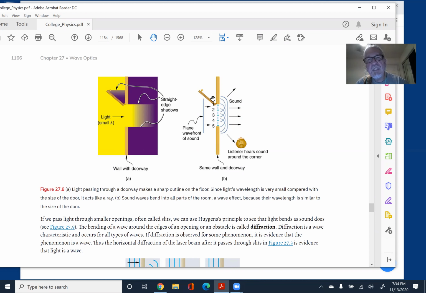If we apply Huygens' principle, say to a wavefront coming towards a finite slit, and this is a top view and there's an opening, if every point acts as a source, near the center of the slit we'll get the expected kind of vertical wavefronts, but at the edges we see that the light bends. And this is a phenomenon called diffraction, which we'll talk about in more detail a little bit later in the chapter.